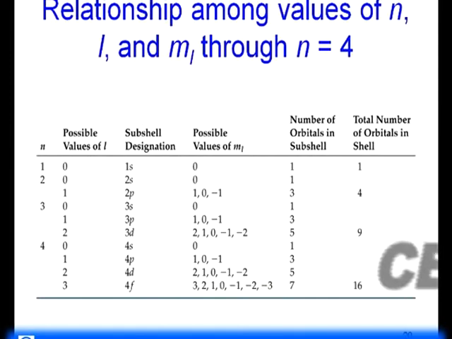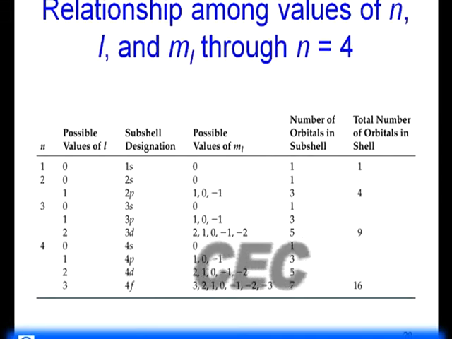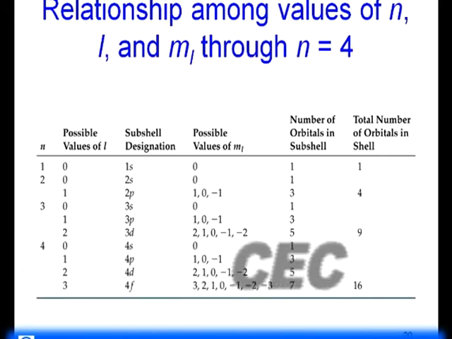Now, I'll briefly give the relationship which you all know, between the values of n, L, and ml. When n is equal to 1, the only value of L which is allowed is 0, because I told you that n minus 1 is the maximum value of L. We first write down the n quantum number, which is 1, and then L equal to 0 corresponds to s.